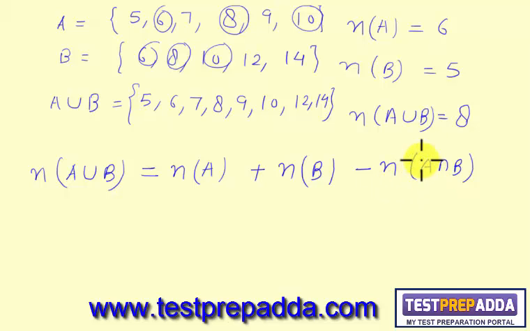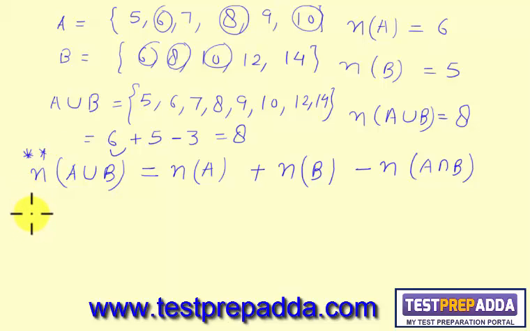Got it? You can verify here: 6 plus 5 minus 3, and that comes to 8. 6 is the cardinality of set A, 5 is the cardinality of set B, and 3 is the number of elements in set A intersection B. So we have got here an important result.